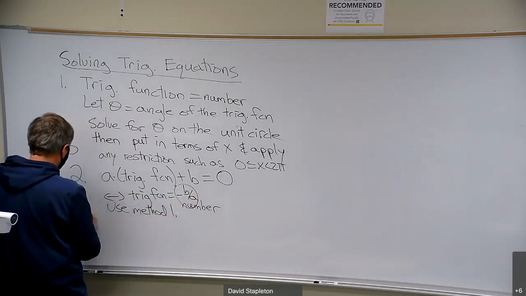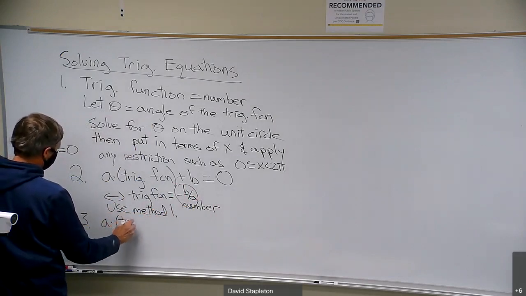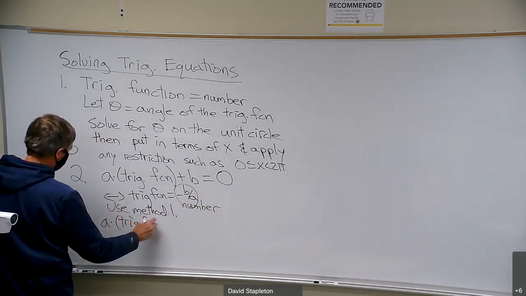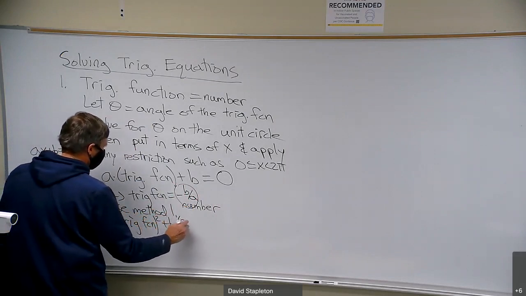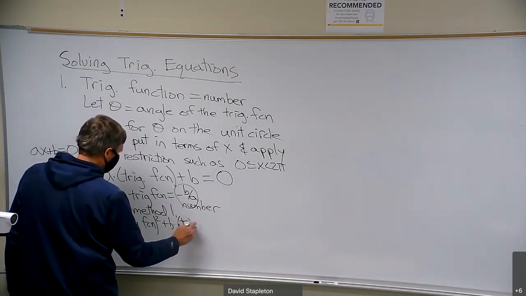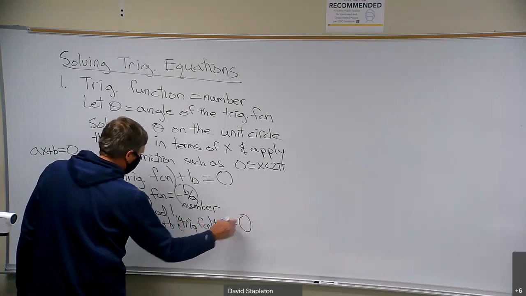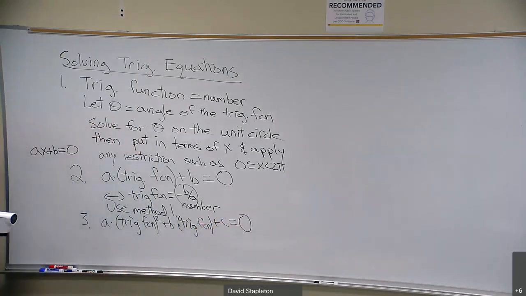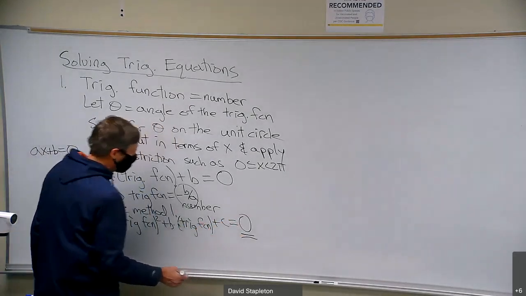All right, and then step 3 we said was if you have a times a trig function squared, plus b times the same trig function, plus c equals 0, we call that a quadratic equation in a trig function, and it's important to put 0 on the right-hand side here.